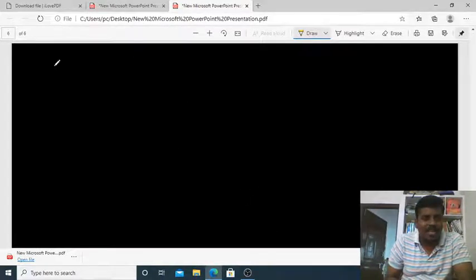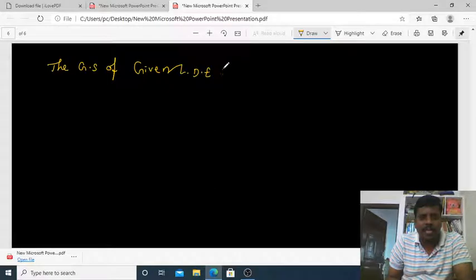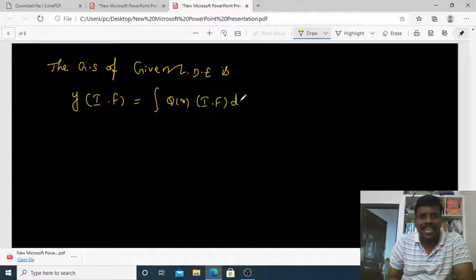Now the general solution of the given linear differential equation is y into integrating factor equals integral of q of x into integrating factor dx plus c.